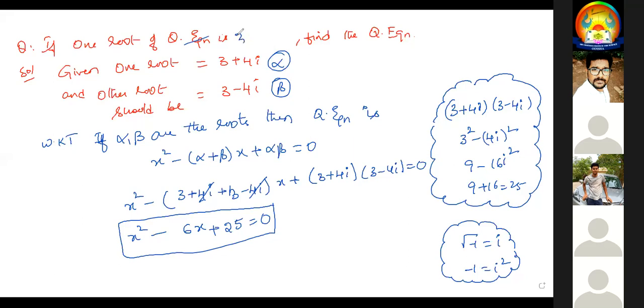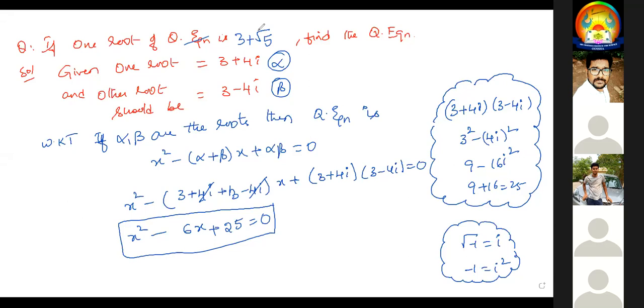One root of the quadratic equation is 3 plus root 5.